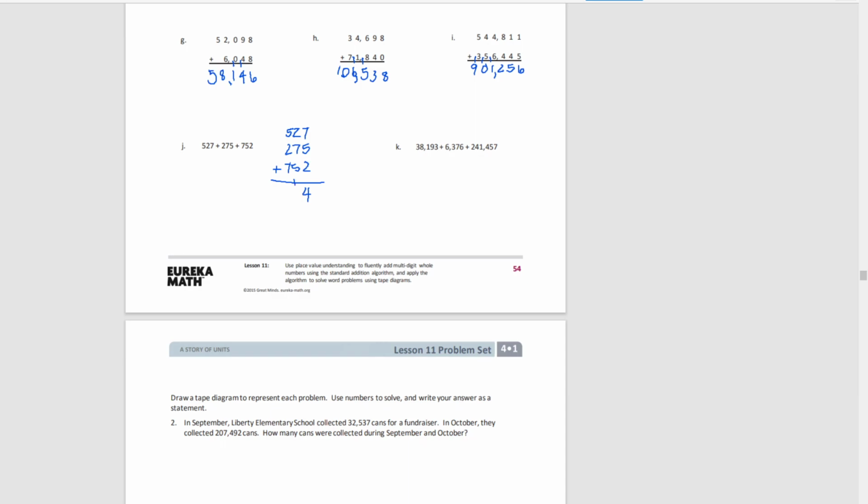Then we have 2 plus 7 is 9, plus 5 is 14, plus 1 more is 15 tens. And then we have 5 plus 2 is 7. 7 plus 7 is 14, plus 1 more is 15. And we group for 1,000. Try the same thing for K.